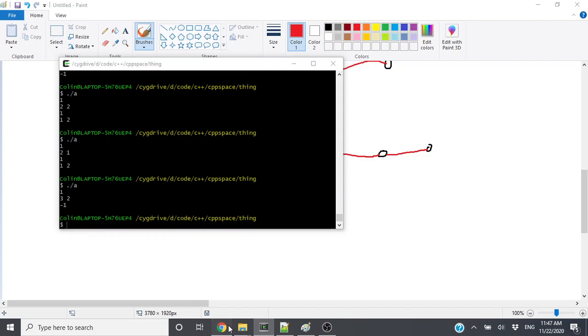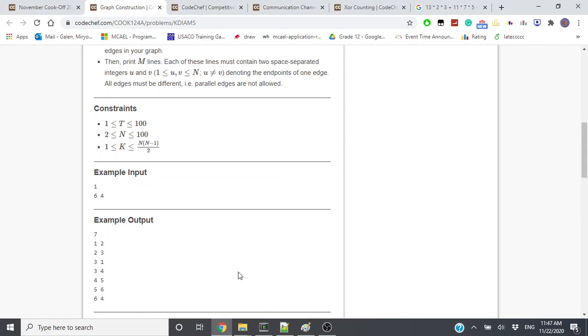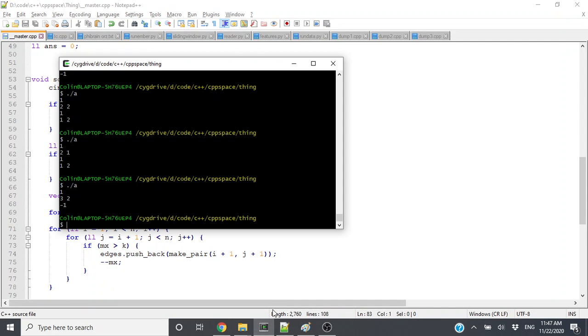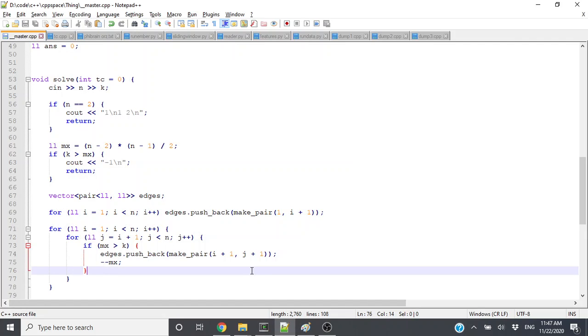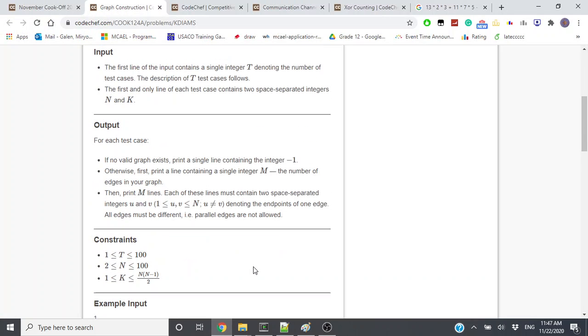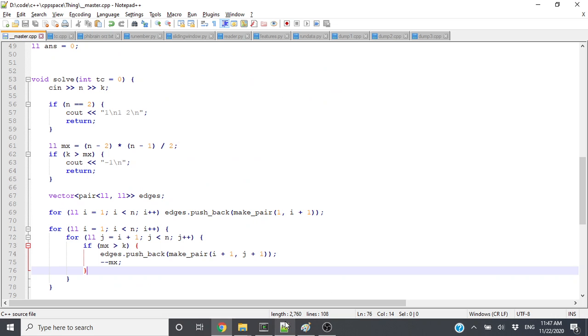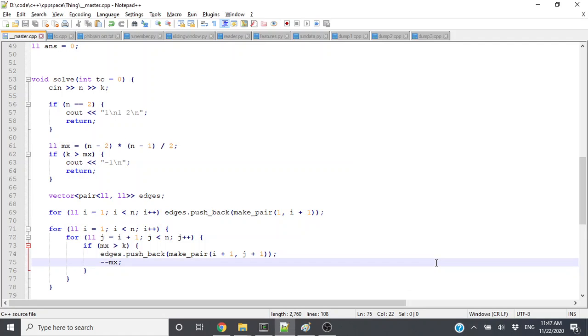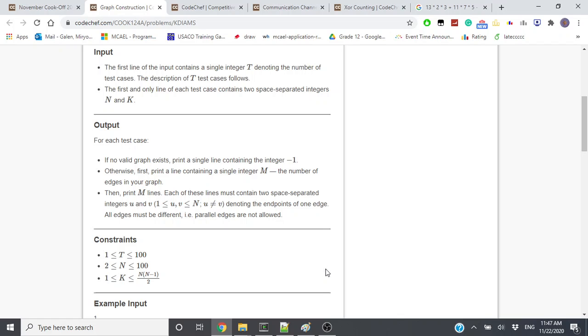It's not possible. I do not understand. Am I repeating edges? I couldn't. j equals i plus 1, j is less than n, j plus plus.